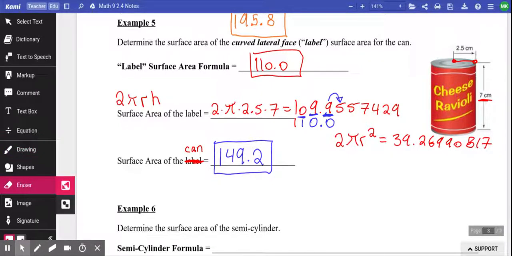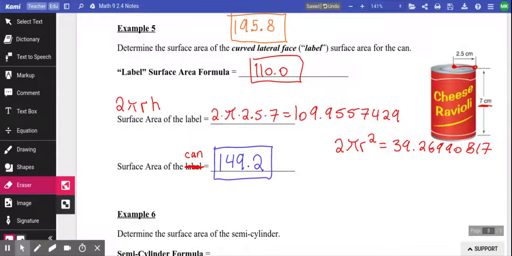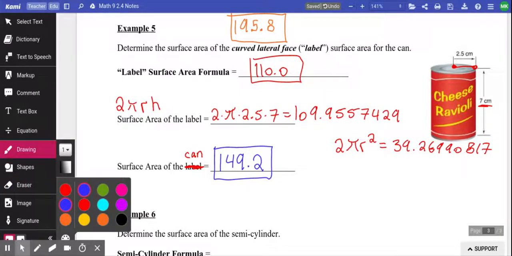Yeah. Okay, so to get to 110, I need to round that big number. This guy right here. To round that to the nearest 10th, I look at the 10th spot, which is a 9. I look beside it, there is a 5. So I need to round that 9 up, right? The next 9, there is no number.